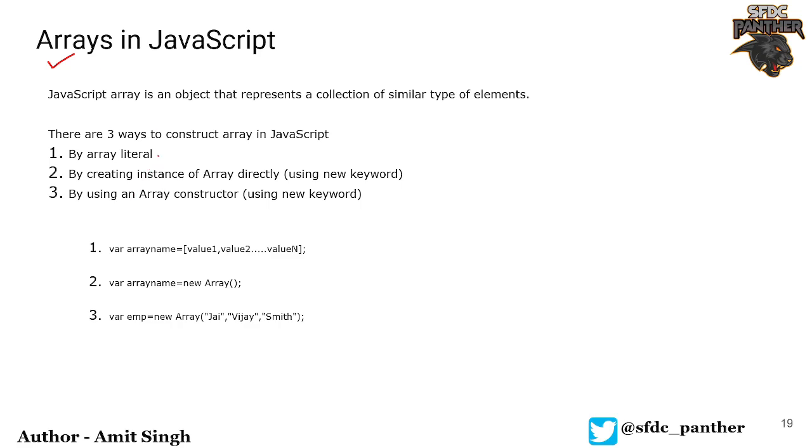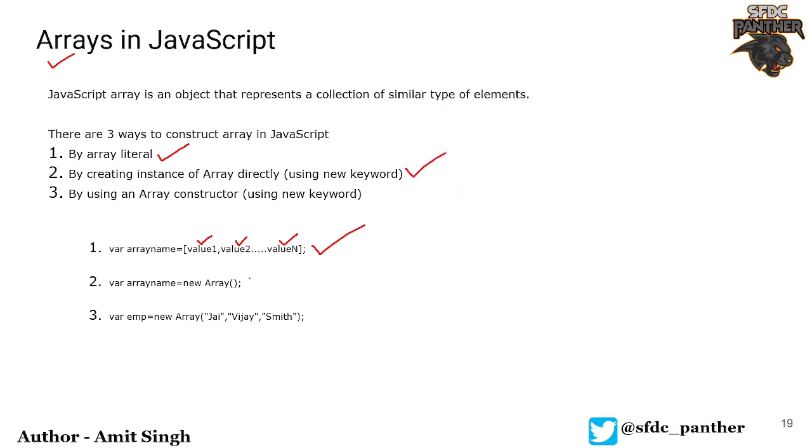By creating a literal array, this is basically the example where we create an array with whatever name, and inside the square brackets we usually provide the values from value 1 to value n. Then we have creating an instance directly using the new keyword.